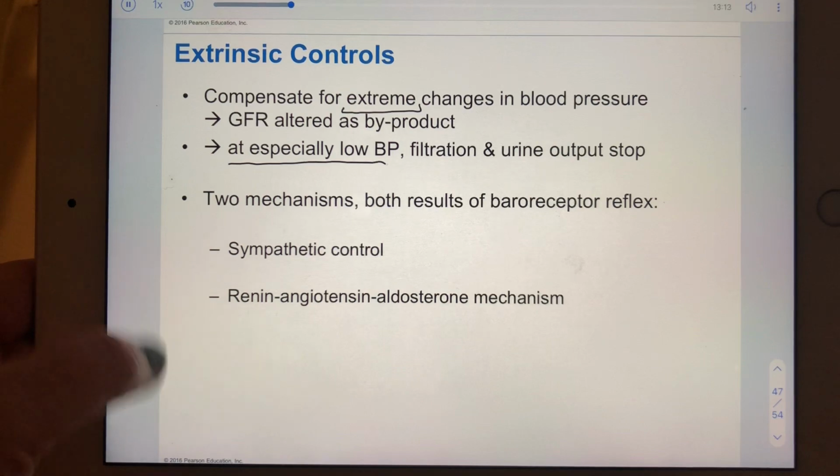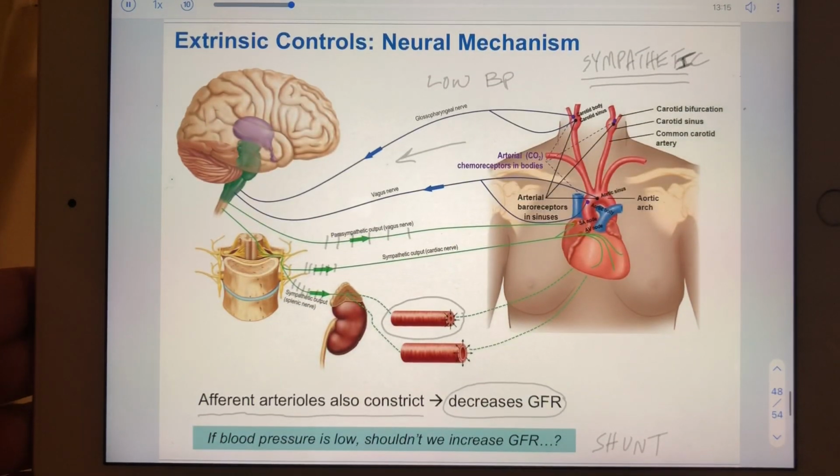Let's move on and look at the neural mechanism, or the sympathetic mechanism. Hopefully this image looks very familiar and old. We saw this in the lecture called 242 Survival Kit. We saw this again and again and again in the heart lecture. It's a tesserized figure, so only you, my students, have seen it.